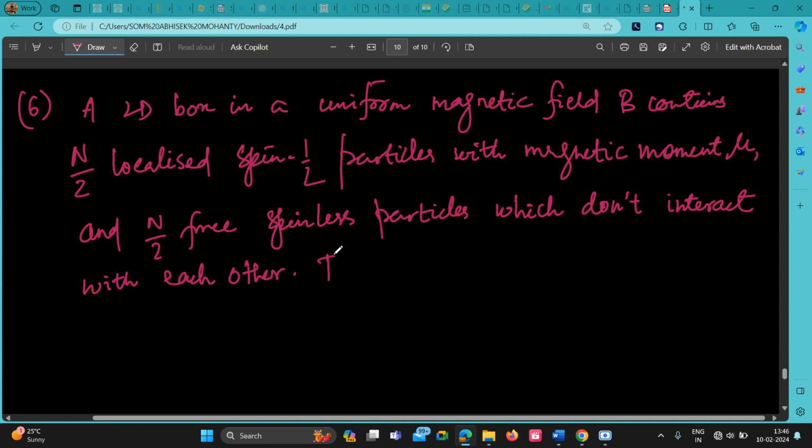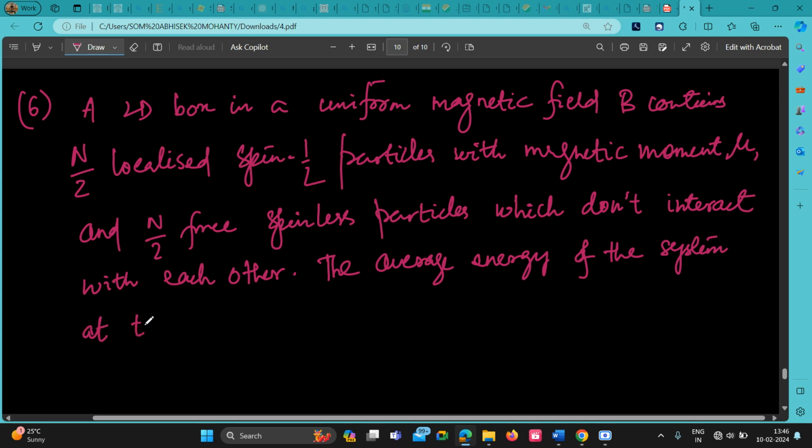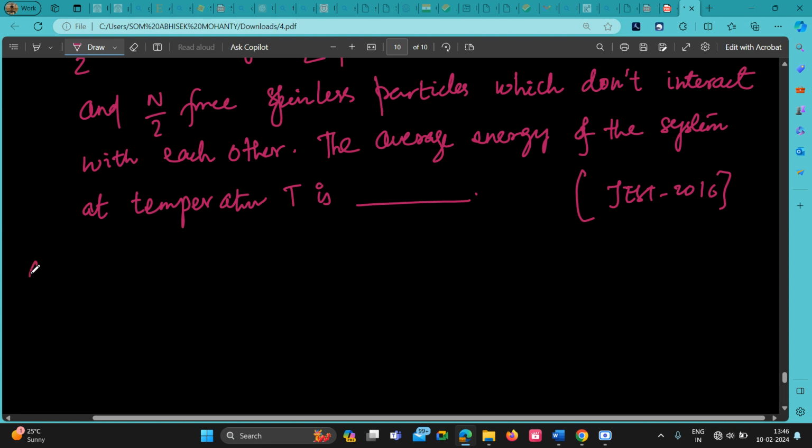The average energy of the system at temperature T is how much? This is CSIR 2016. Option A: 3NkT minus half N mu B sinh(mu B by kBT).